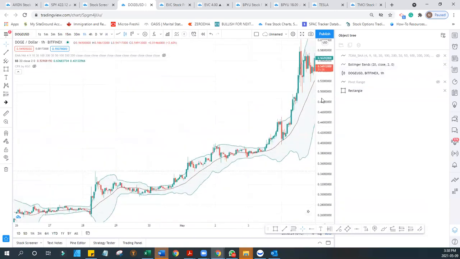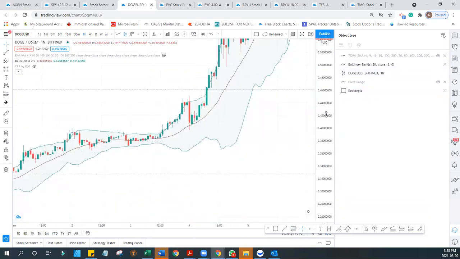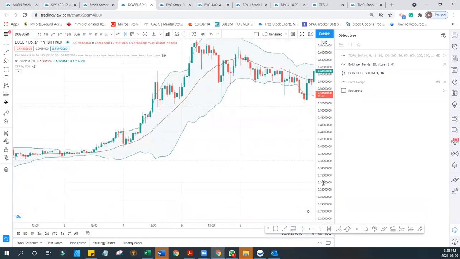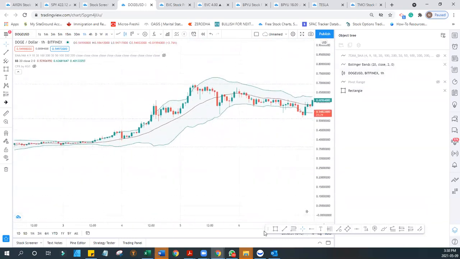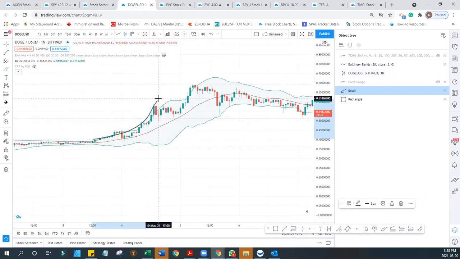Here the price was walking on the band for quite a large period of time. This is on an earlier time frame. It was walking on a band, and once it kind of got away, you could have got out here.